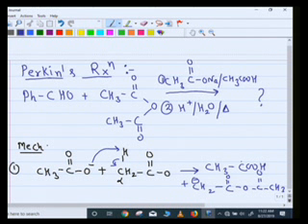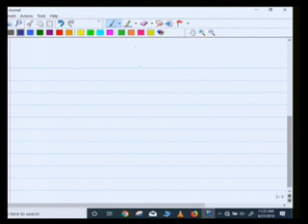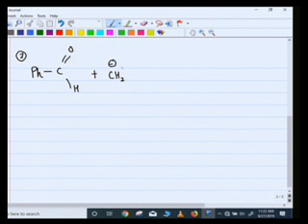Okay. So let's move on to step number 2. Now, in step number 2, look at this very carefully. This is our benzaldehyde, and this is the anion that we have got from the previous step.